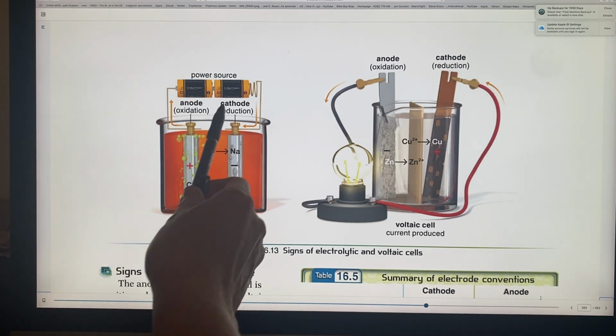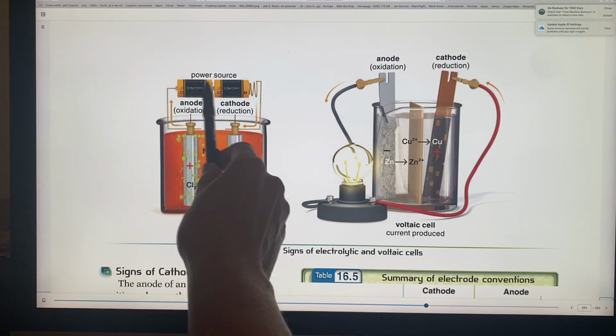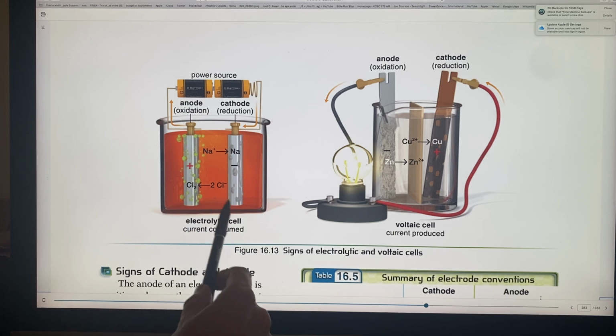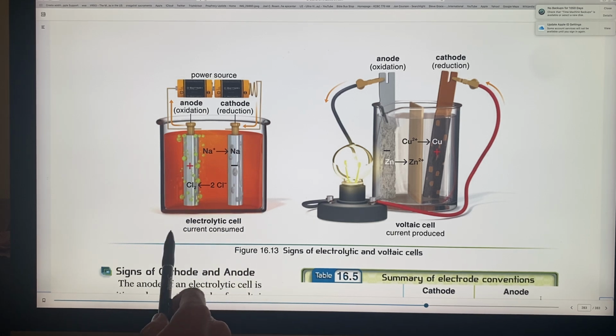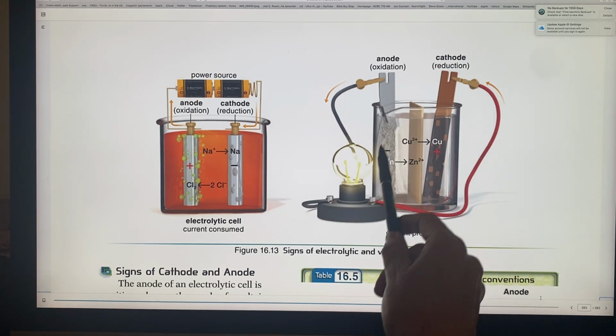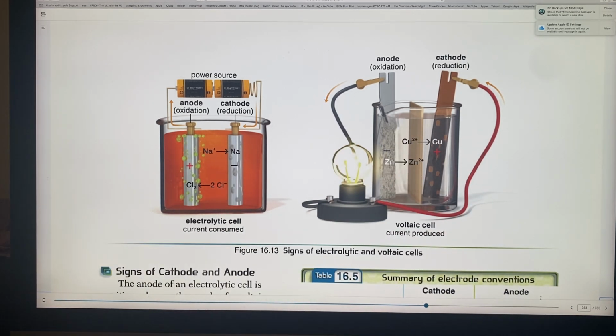In the electrolytic cell you have a power source going through the electrolytes, and the current is going to be consumed. In the voltaic cell, the current is going to be produced. You're producing a current to produce light, and in the other it's consumed. See the difference between the electrolytic cell and the voltaic cell. That is pretty important that we know that.